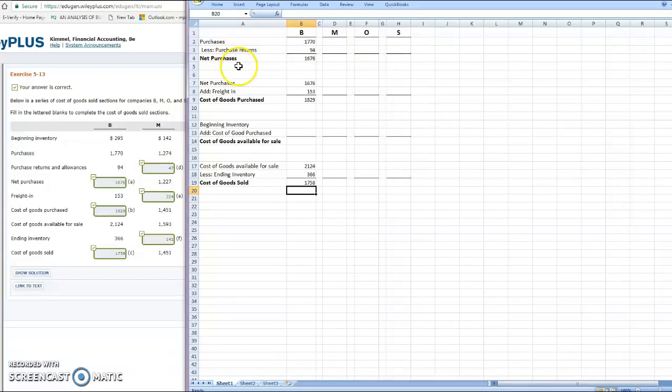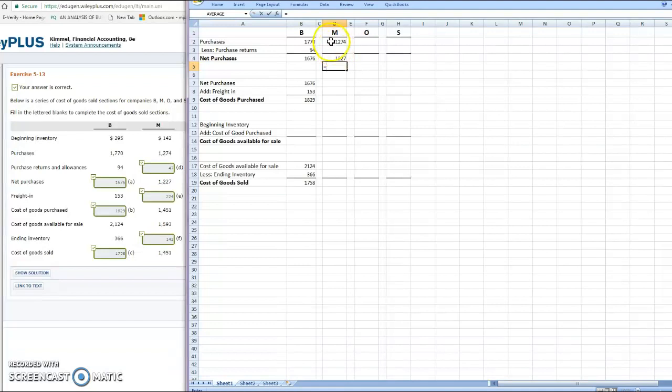So up here, with our net purchase formula, we're going to type in our purchases. We have that amount, which is 1,274. But we also have our net purchase amount right here, which is 1,227.